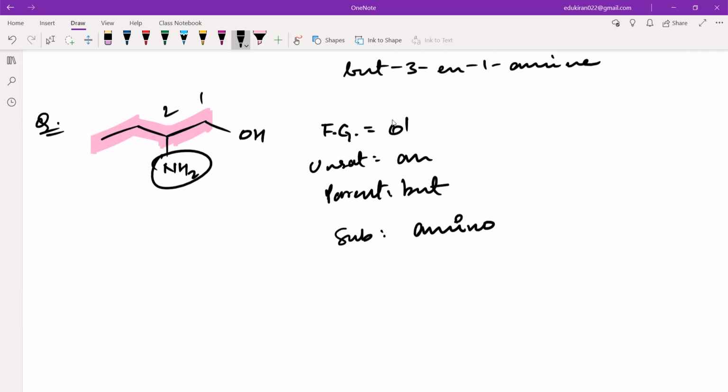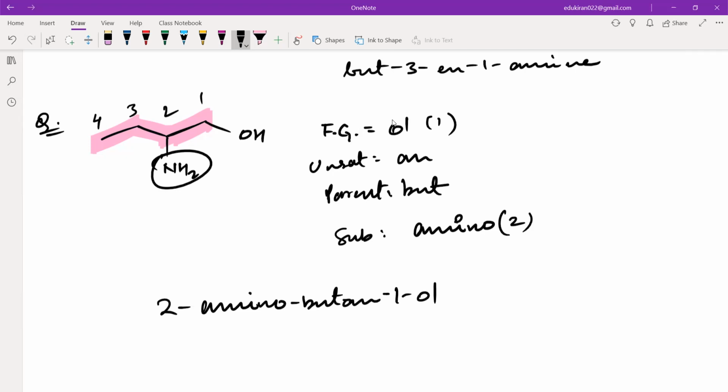It will be 1, this will be 2, because functional groups start करते हैं 3 and 4. So amine is in the second position and OL is in the first position, so I can write it as 2 amino butane 1 ol.